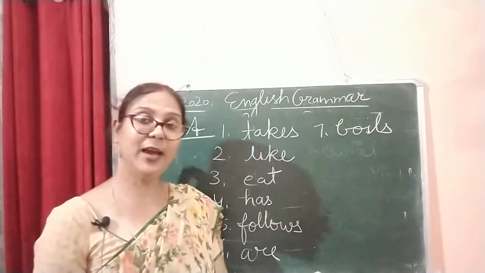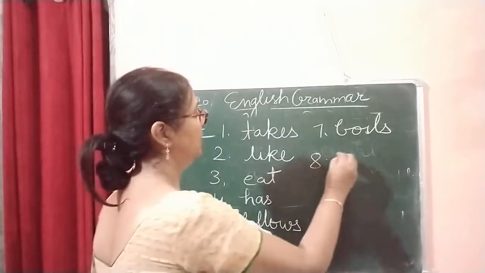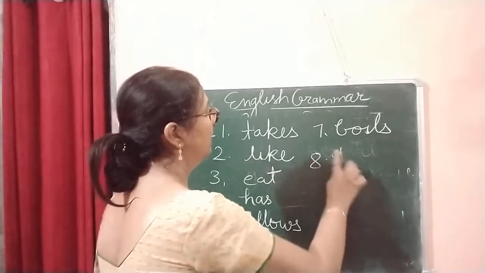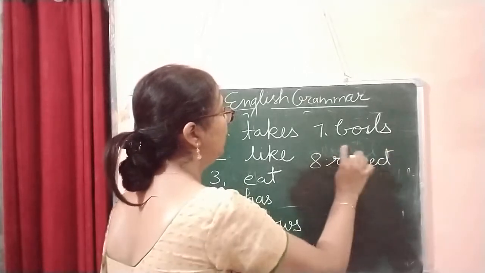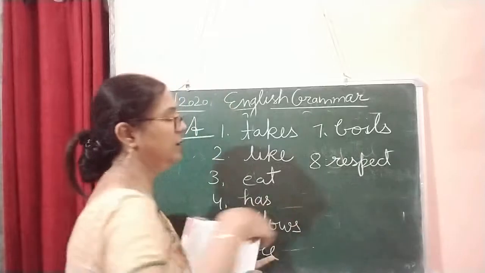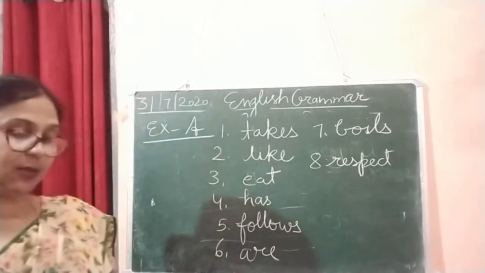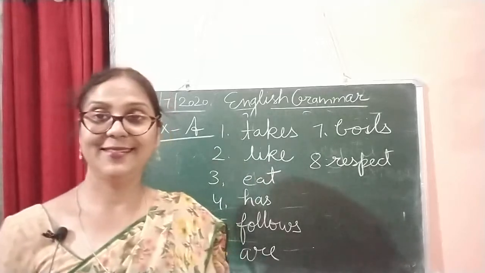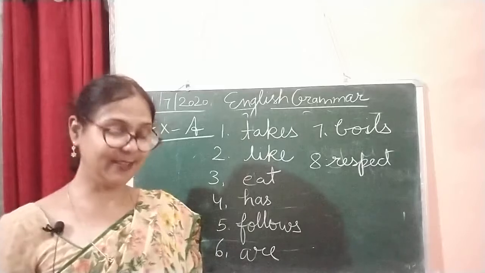So we are going to write over here, I respect. We are not going to use S over here. So, I respect my parents. So, this way we have done this exercise.